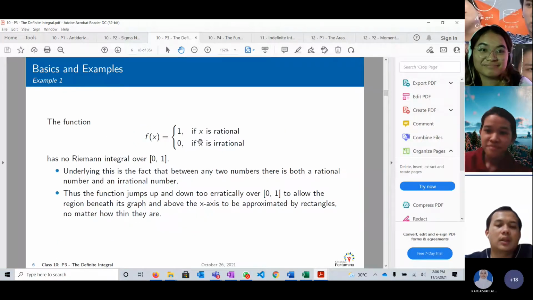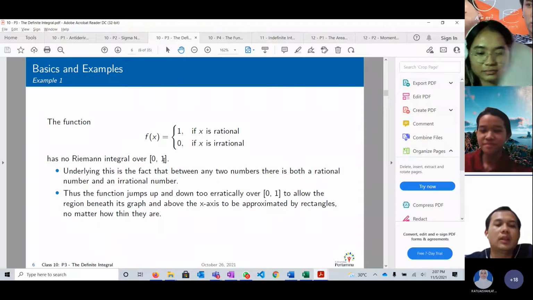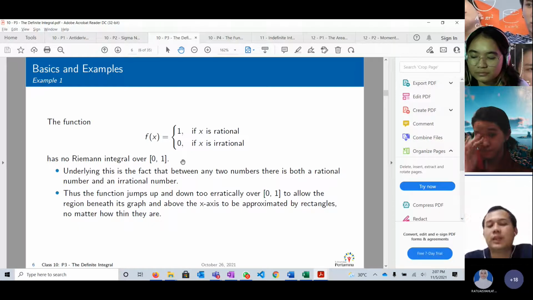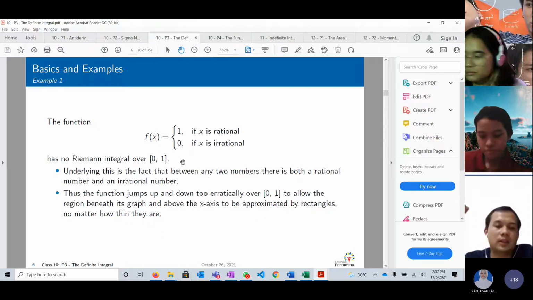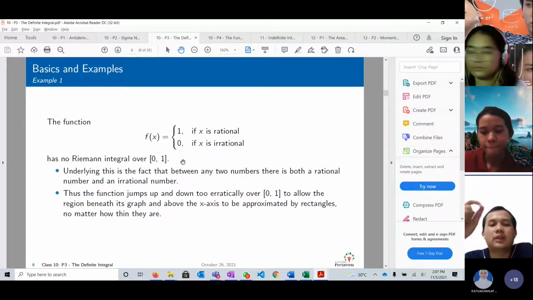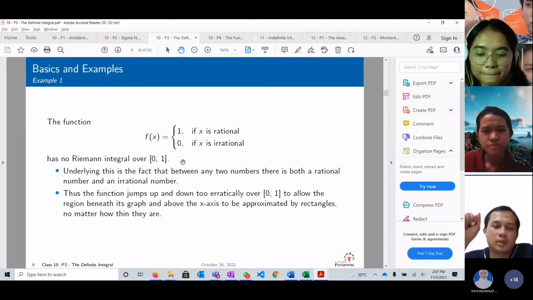Why? Because between 0 and 1, the jumps can happen infinitely many times. It's too erratic. Sometimes it goes up, sometimes it goes down to 0, sometimes up to 1. But the interval of the jump can be very, very small, almost 0.